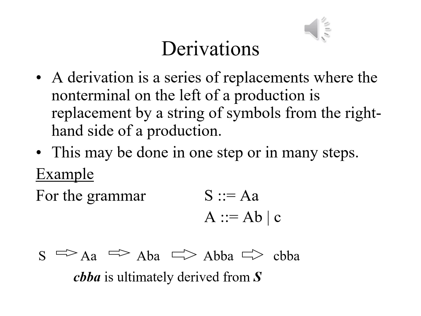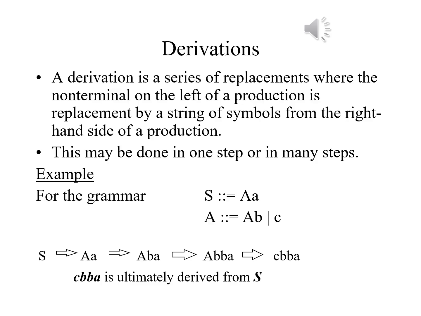A derivation is a series of replacements where the non-terminal on the left of a production is replaced by a string of symbols from the right-hand side of a production. This may be done in one step or in many steps, as we have seen previously. For example, for the grammar, S derives capital A, little a, and capital A derives capital A, little b, or c.